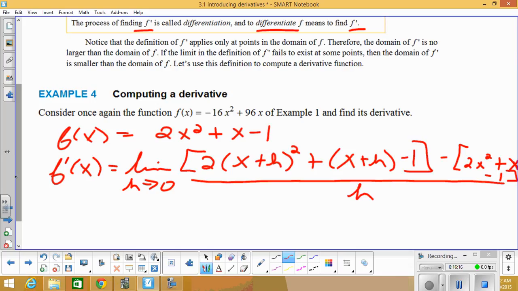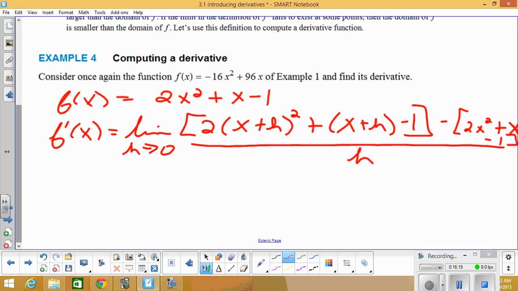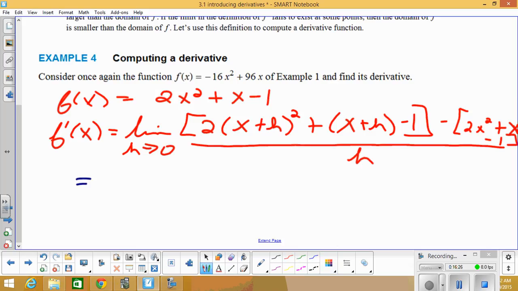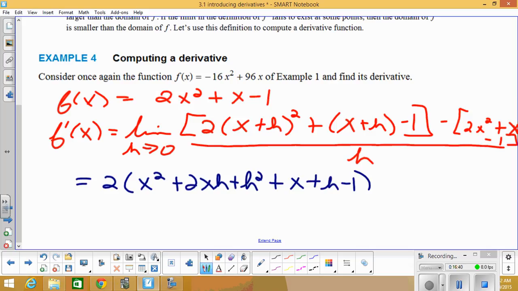From this point, we have to do all of our algebra. So I will continue here and say it should work out to 2 times, doing my squaring inside. Oops, left that one there. Distributing my negative here all over h.